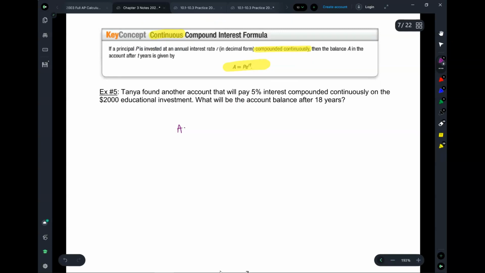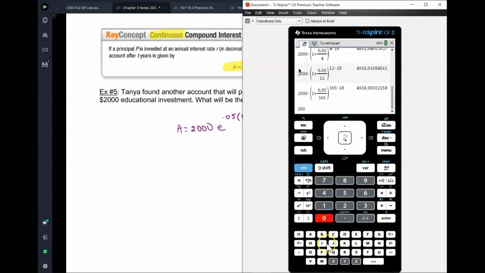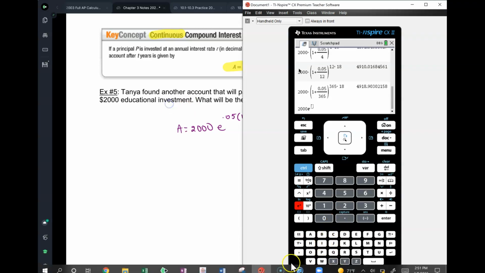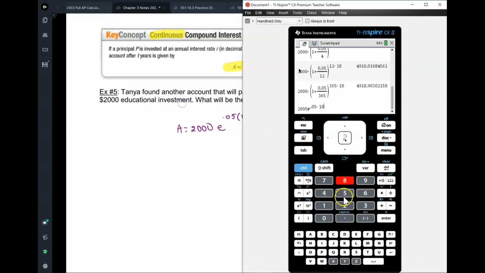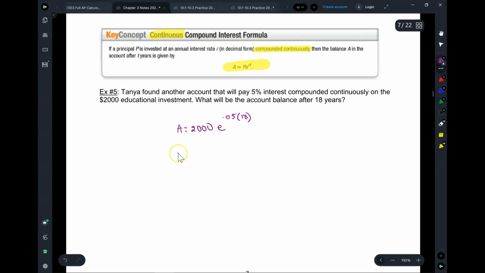So now A is 2,000 e to the 0.05 times 18. Here we go. 4,919 and 21 cents.